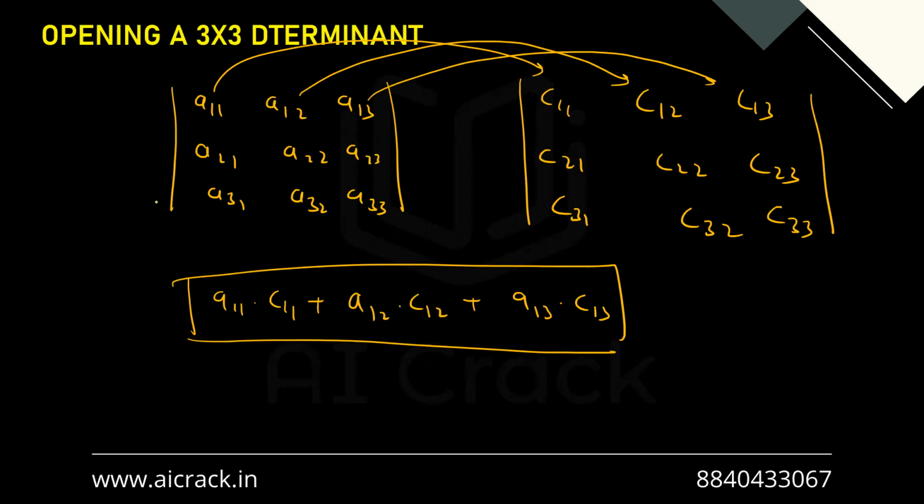Or we can do this for any row or any column. If I want to open my determinant from the second row, I'll be doing A21.C21 plus A22.C22 plus A23.C23. I can do this for any row or any column.